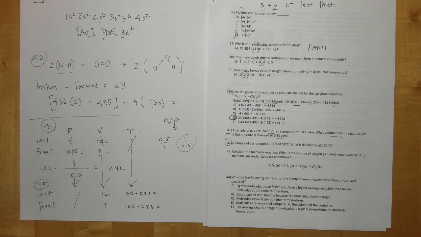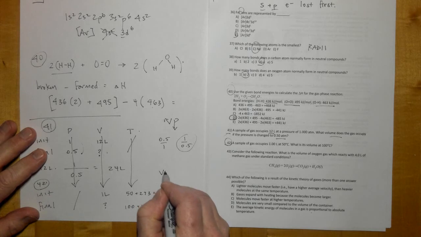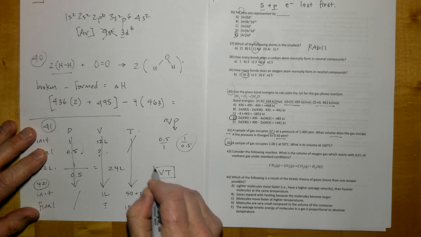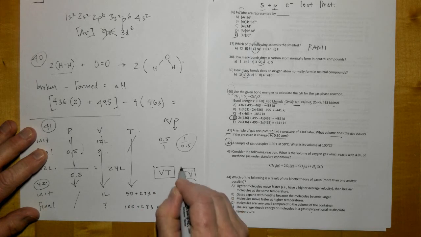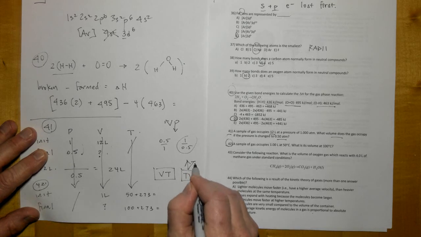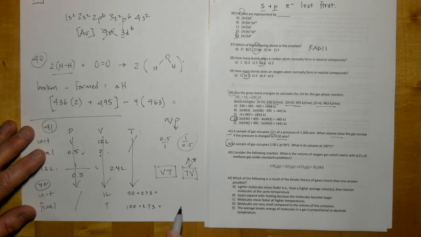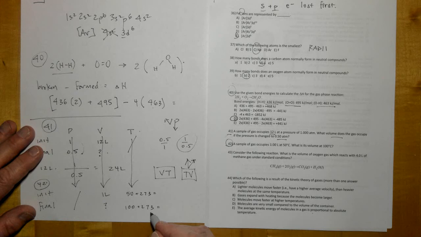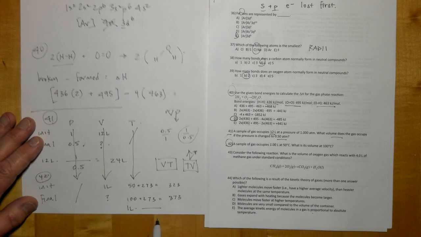So for this one, this is the volume temperature relationship, or the TV relationship, I usually write it this way. One goes up, the other one goes up. So we know to multiply by a ratio that makes it go up, because this is getting bigger, obviously. So we have 323 right here, and we have 373 right here. So 1 liter times a ratio to make it get bigger.